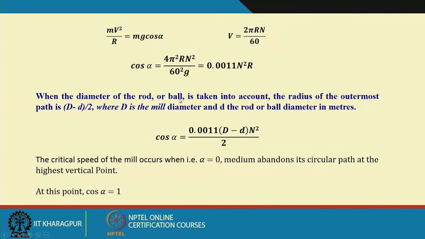When the diameter of the ball is taken into account, the radius of the outermost path, that is the maximum path, is D minus d by 2, because radius is half of the diameter, where D is the mill diameter and d the ball diameter in meters. So, if I replace this in this equation, cos alpha is equal to 0.001 (D minus d) n square divided by 2.